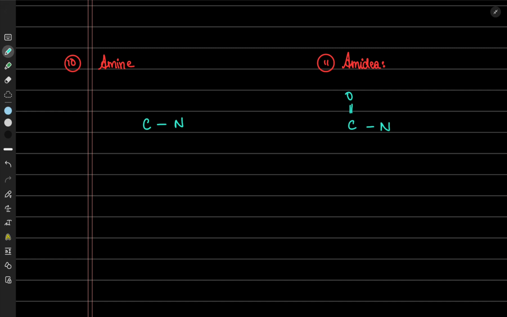Now, all these three bonds can have anything on them, and this carbon can have anything attached to it as well. More importantly, what matters is that if this nitrogen has two hydrogens attached to it, it's a primary amine. Similar is the case for here.